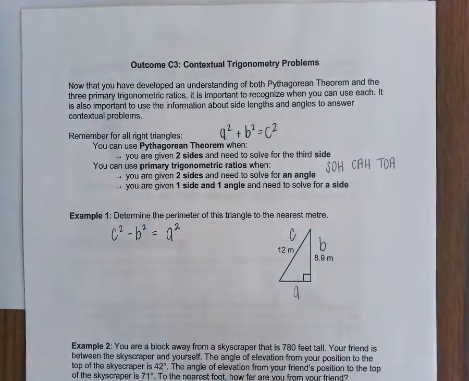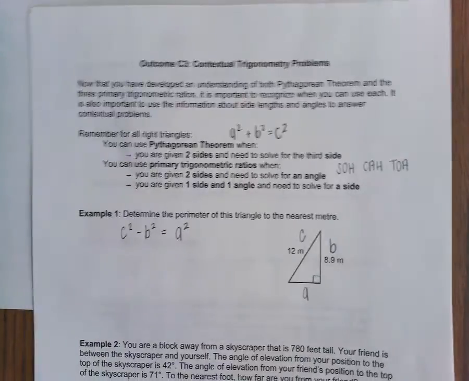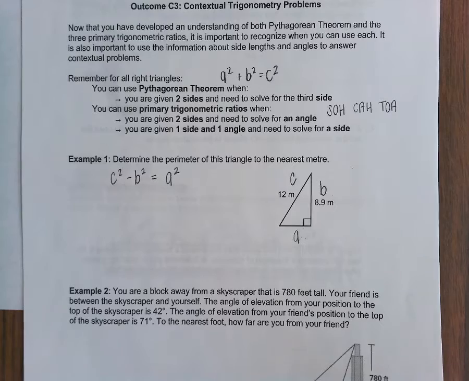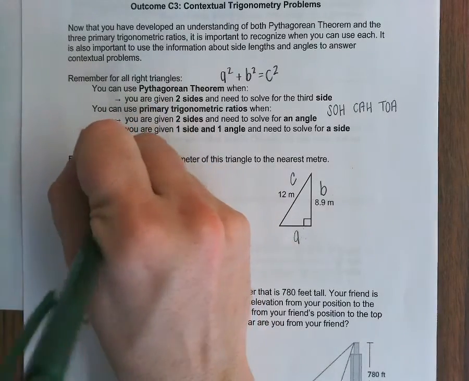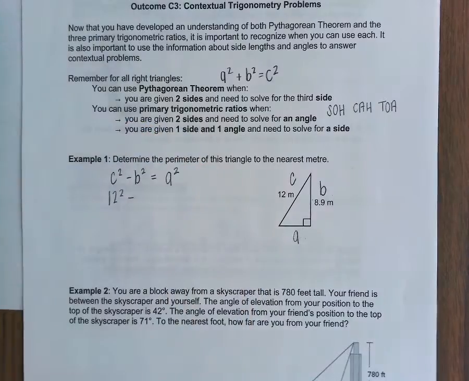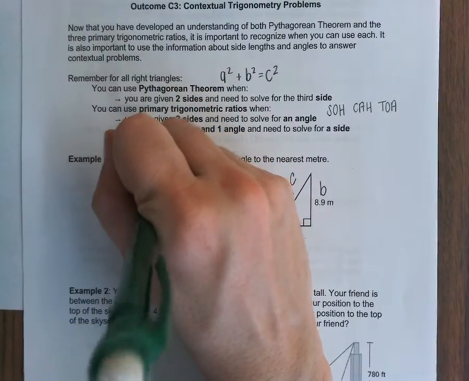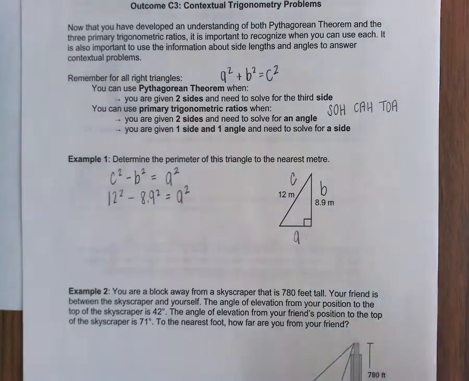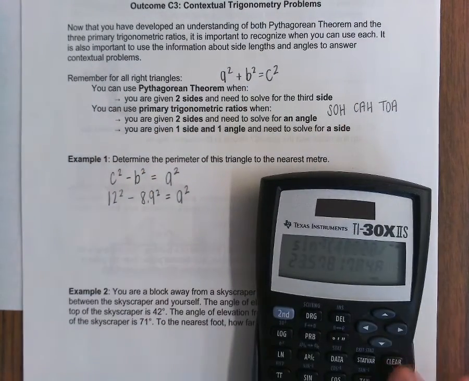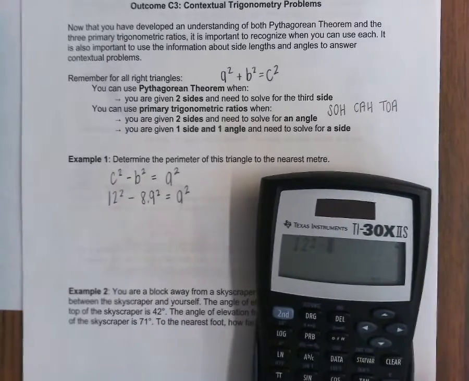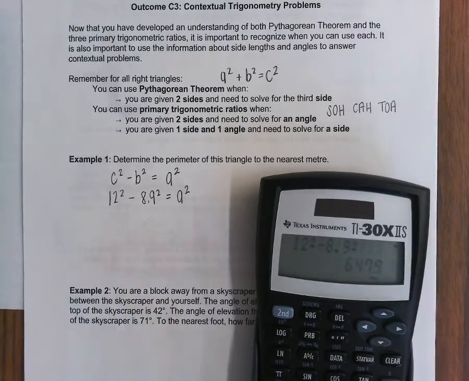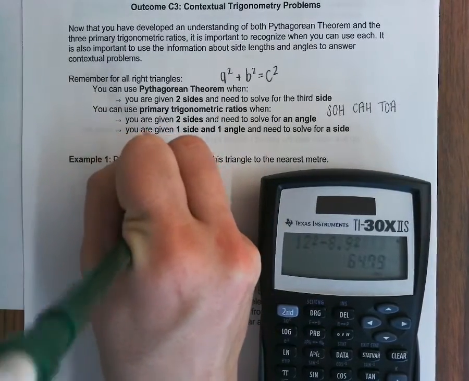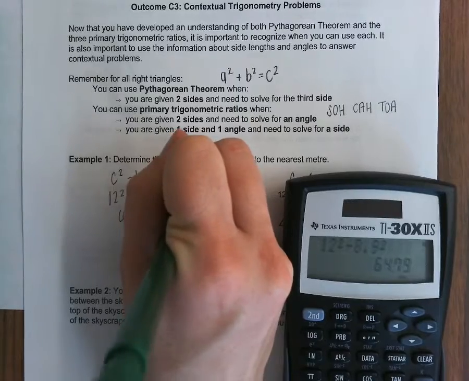And I use that version of the formula because I know the hypotenuse and I'm looking to solve for one of the legs. So in this case, 12 squared minus 8.9 squared is equal to a squared. And when you do 12 squared minus 8.9 squared in your calculator, you're left with 64.79 is equal to a squared.